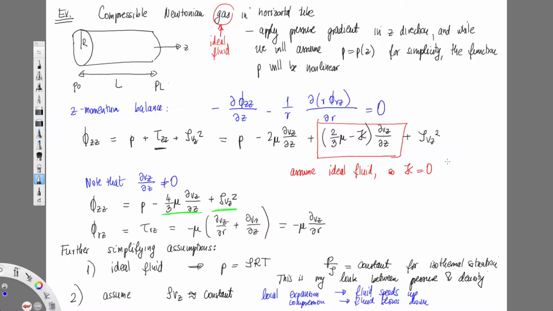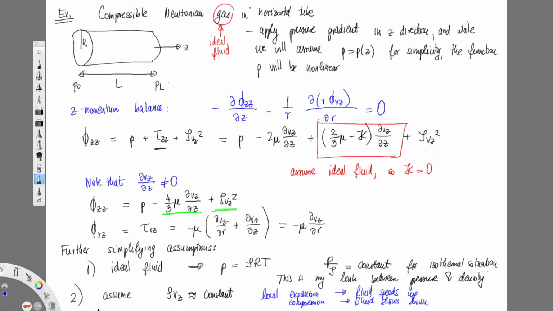Now, we know that dvz dz is not going to be 0 in this particular problem because our pressure depends on z. One thing that I can put away is this kappa. Again, if I assume ideal fluid, kappa is 0.